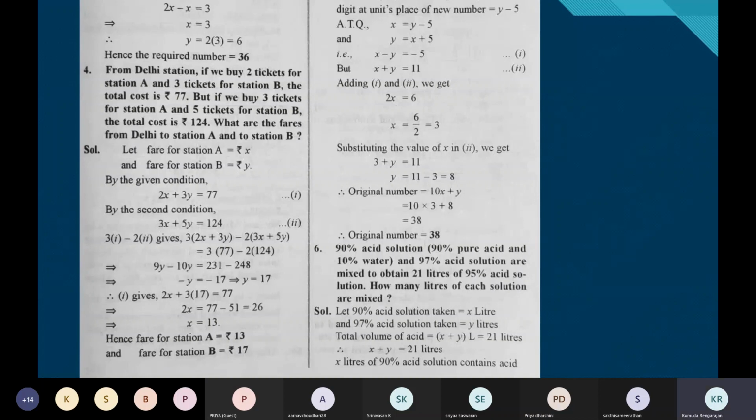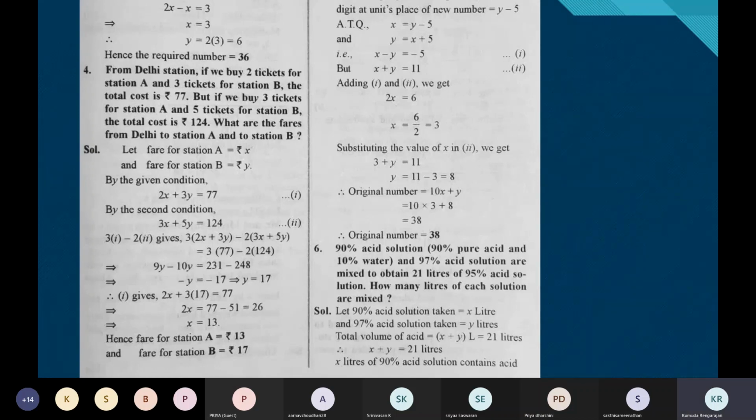And the percentage of acid is 95%. So what is the amount of acid in X liters? 90 by 100 into X. What is the amount of acid in Y liters? 97 by 100 into Y. What is the amount of acid in the final solution? 95 by 100 into 21.